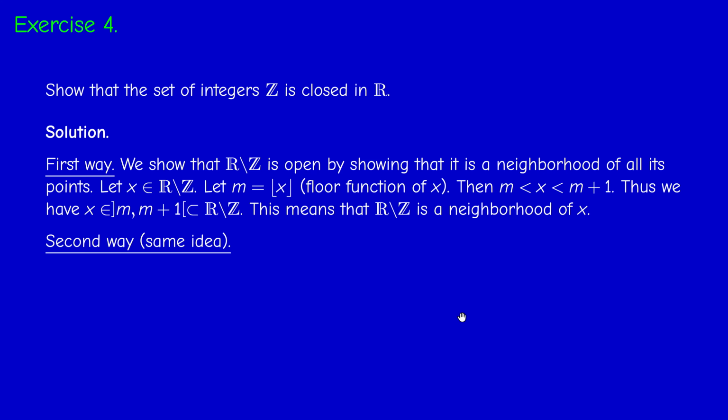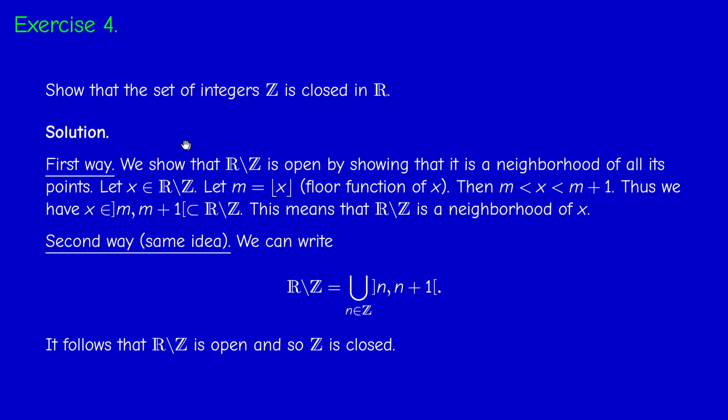Okay, second way, same idea, but written in a slightly different way. The reasoning that we did here permits us to prove that the complement of Z can be written as the union of all intervals of the form (n, n+1).